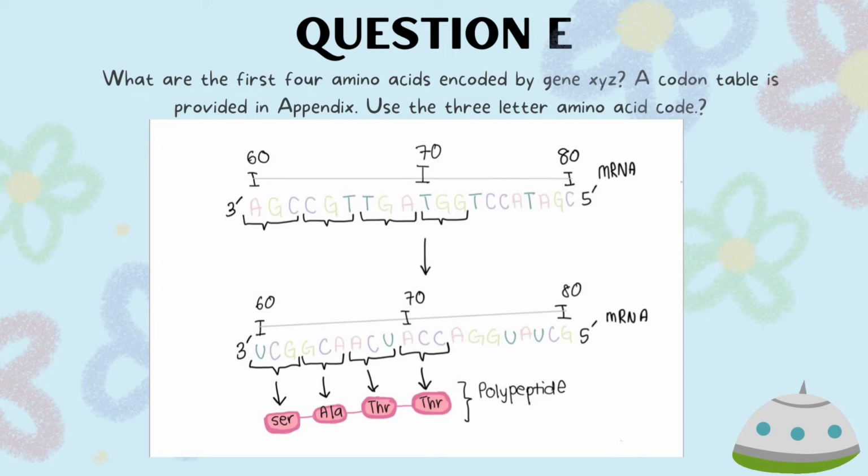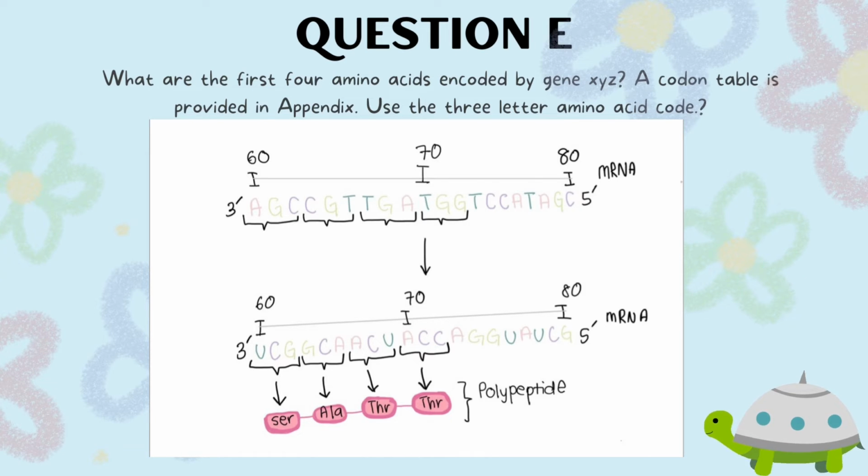So we start from the base A and so on, where during transcription the base A turns to U, G to C, C to G, C to G, G to C, T to A, and so on.